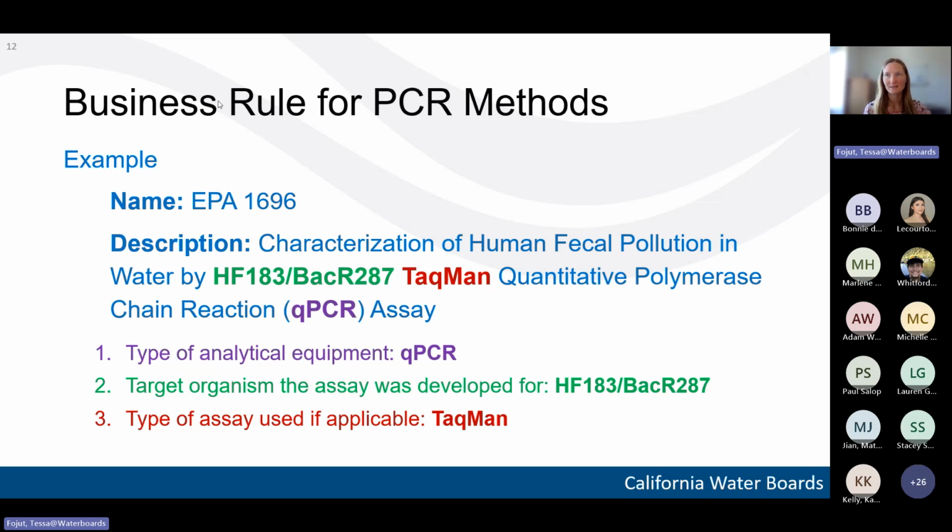For the analytical procedure, we want you referring to something like EPA 1696, which tells how you run the overall method. And you see it has all those different elements in the title. So that's the description we're looking for.